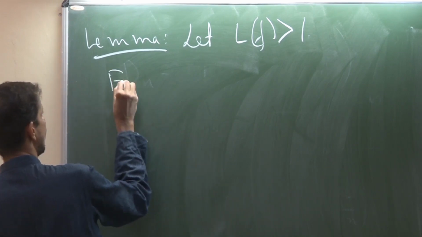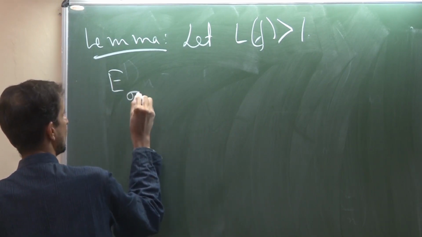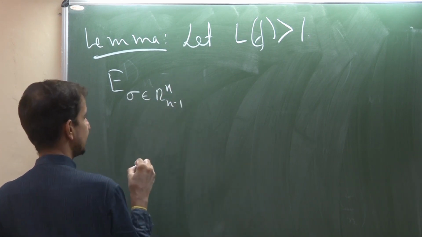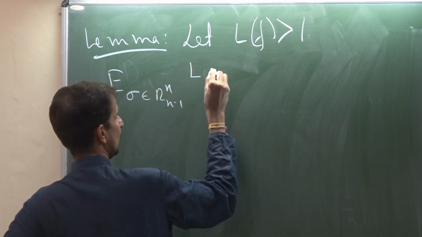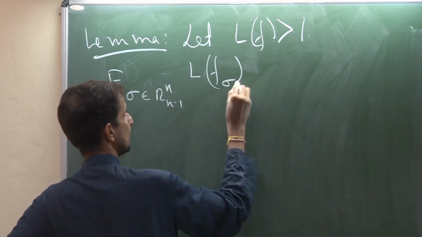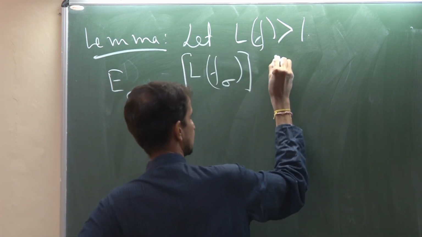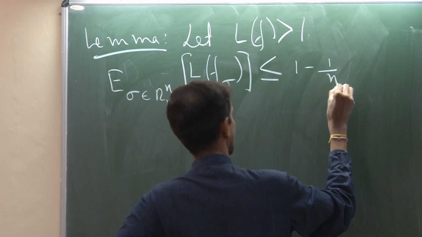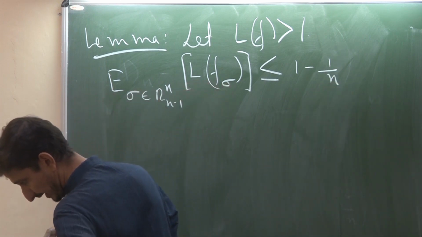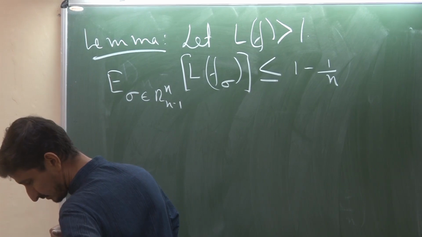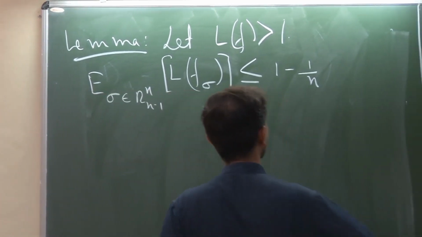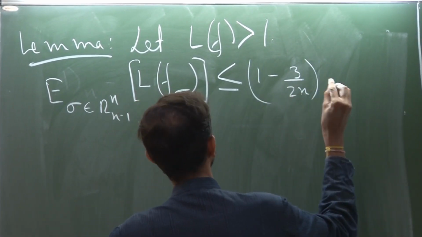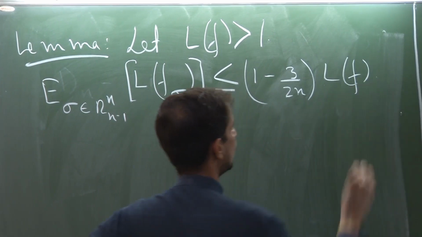Then the expectation, with sigma uniformly chosen from R n minus 1, of L of f sigma is at most 1 minus 3/2n times L of f.